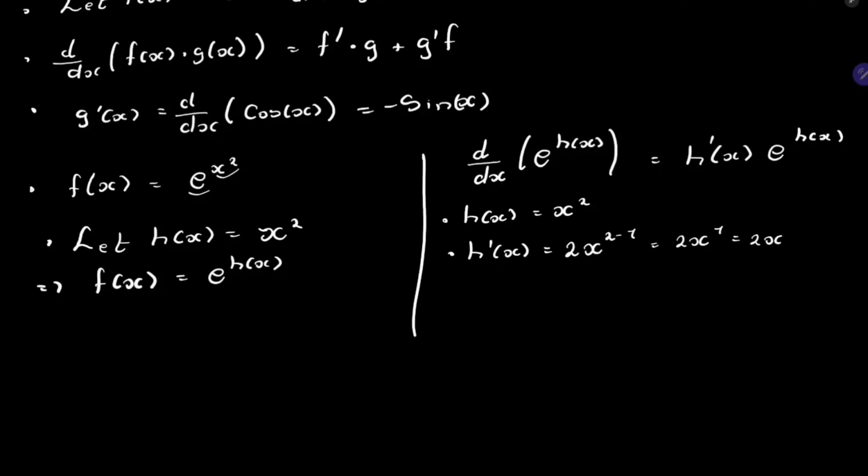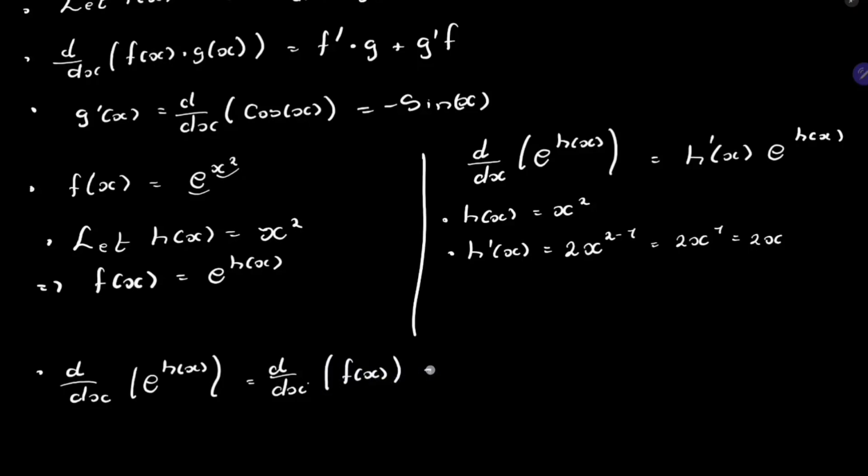So what can we then conclude? The derivative with respect to x of our function e to the h of x, which is the same thing as the derivative with respect to x of our function f of x, which is the same thing as f prime of x, is the function 2x times e to the, what's h of x? h of x is x squared.